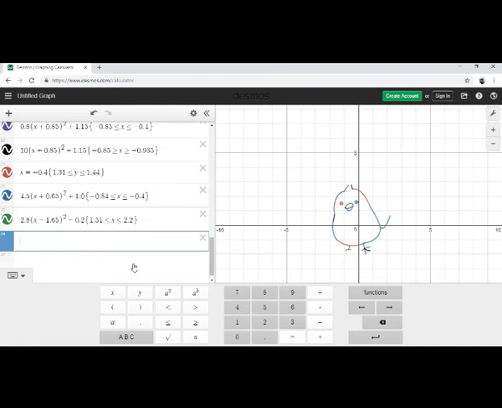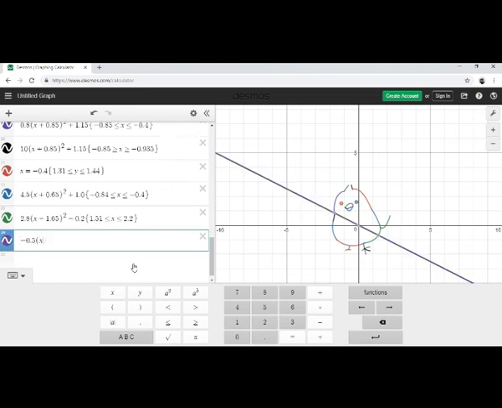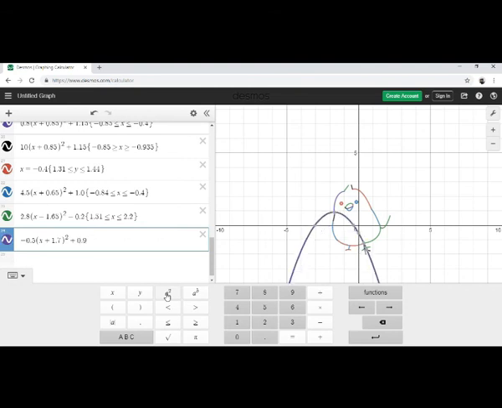Next is −0.5 times (x + 1.7)² + 0.9, and −1.7 > x > −2.8.